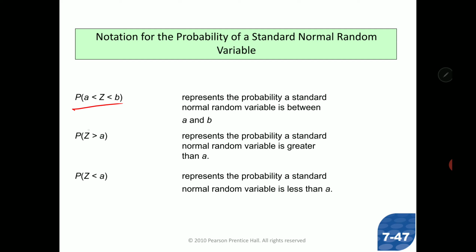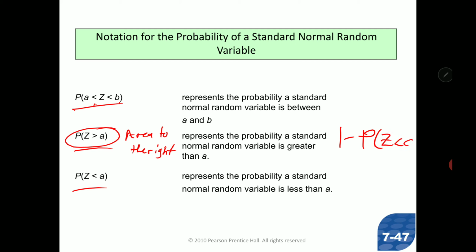Oh, these are the symbols we'd like to use when finding probability. So probability of z being between two values. This greater than is area to the right. Usually instead of doing greater than, we do 1 minus the probability that z is less than a, because this is area to the left.